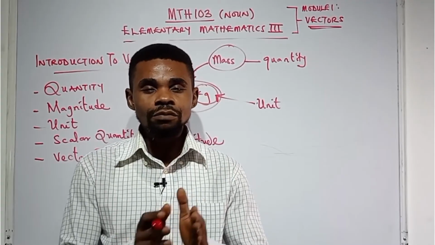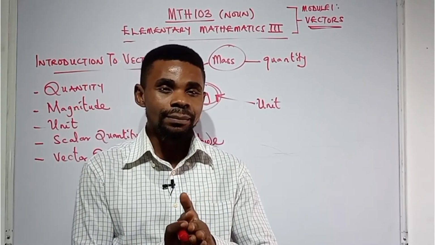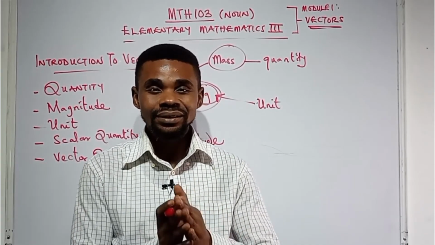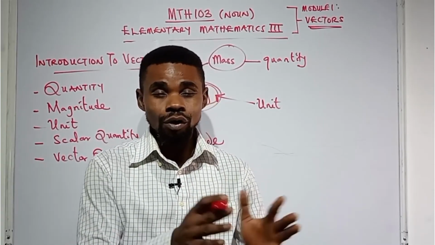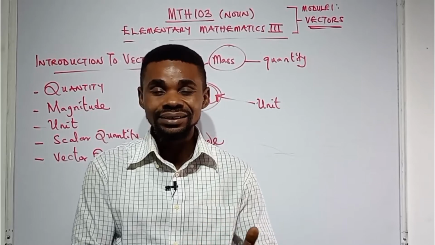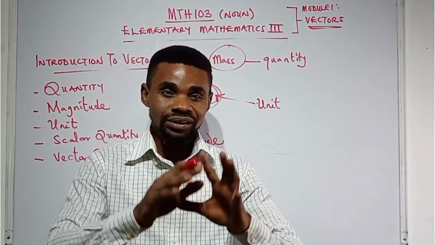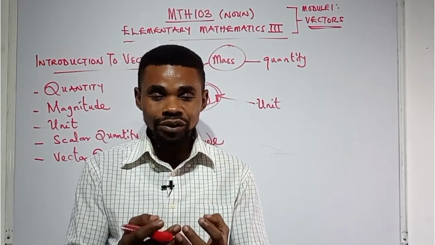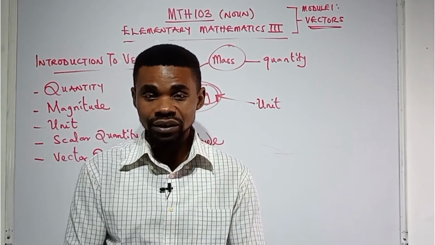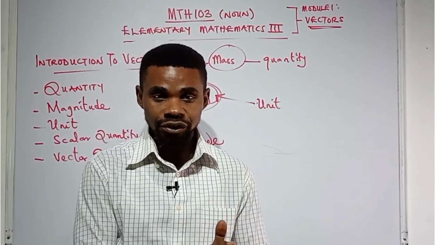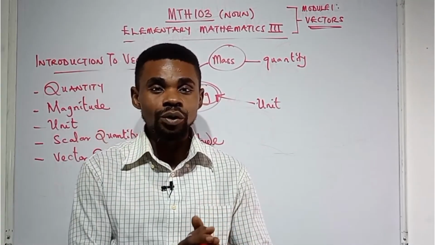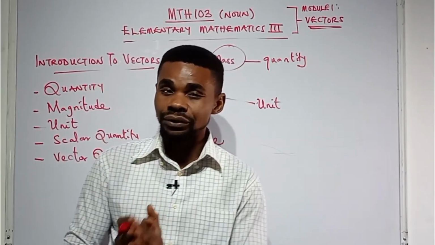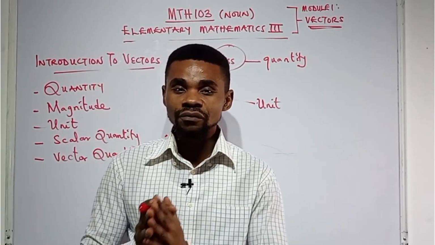So quantities like temperature, mass, time, and length have magnitude, which means you can measure them and take the value, but they don't have direction. Because of that, we call them scalar quantities. But the ones that have both magnitude and direction are called vector quantities.